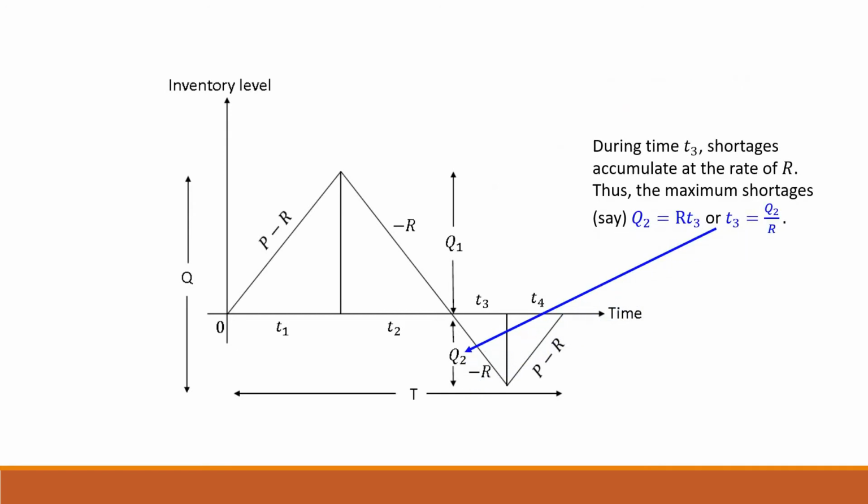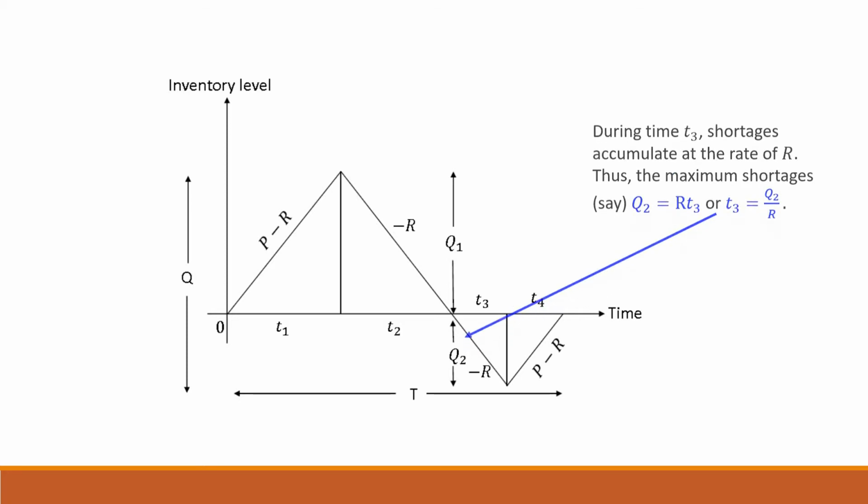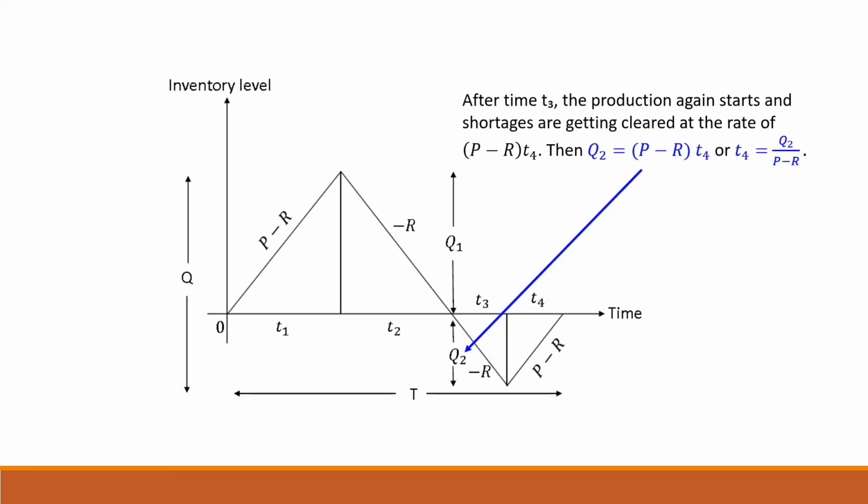In shortage phase, we have maximum shortages Q2. That is, during time T3, shortages accumulated at the rate of R. So the maximum shortages Q2 is equal to R into T3, or T3 is equal to Q2 upon R. In shortage clearance phase, that is after time T3, the production again starts and shortages are getting cleared at the rate of (P minus R) into T4.